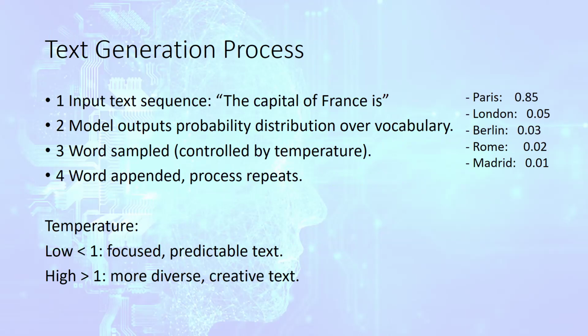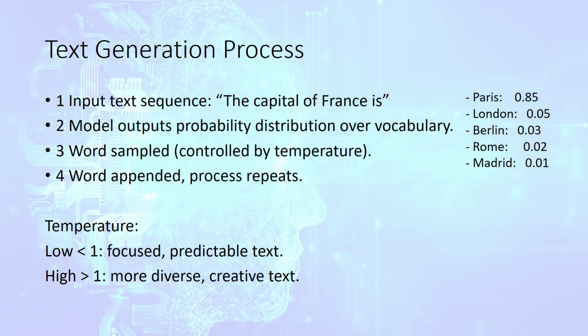But nevertheless, the large language model should give a list of probabilities for the next word and select one of them. Which word from this list will be selected depends on the so-called temperature. If we have a low temperature, the generated text will be quite predictable. It means that the most probable word will always be selected.